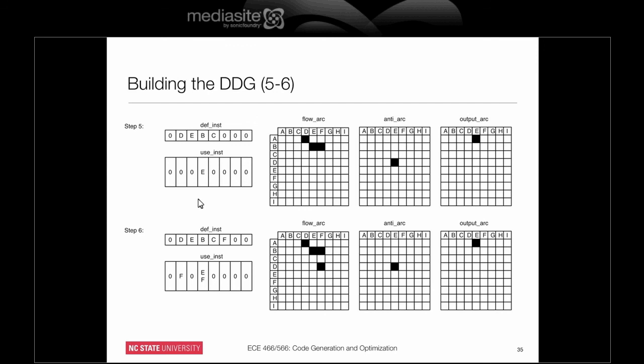Now we go to instruction F, and we do the exact same thing. When we walk through these data structures to figure out what dependencies there are on F, we'll figure out that there is a flow dependence from B to F, and a flow dependence from D to F, and that's all.